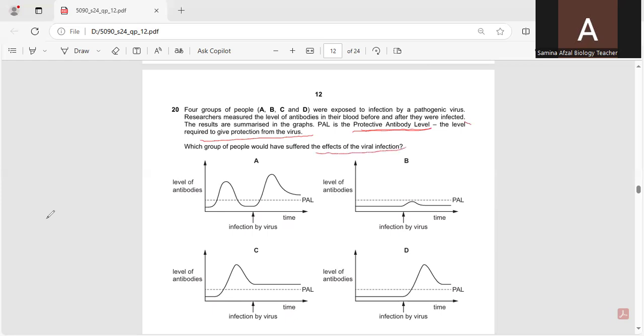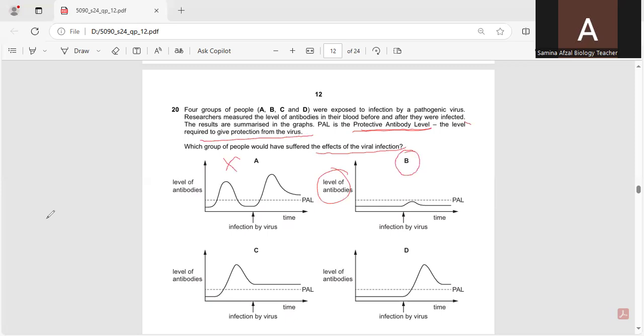Here in A, the level of antibodies is higher than the PAL, the protective antibody level. So A is not the correct option. In B, the level of antibodies is below the PAL. So B is the correct option.